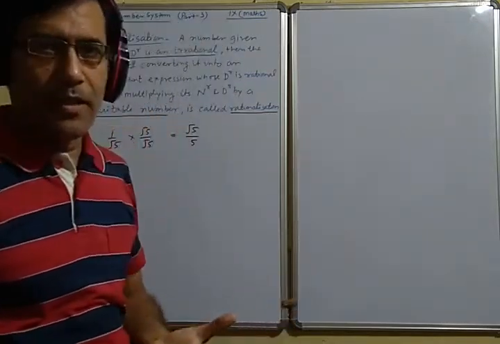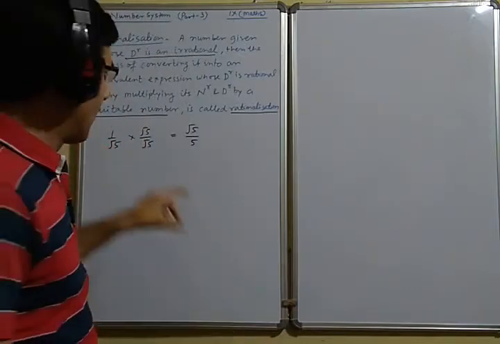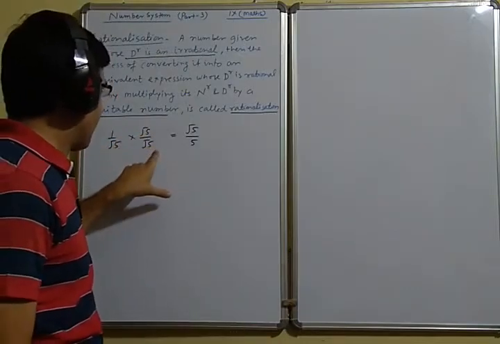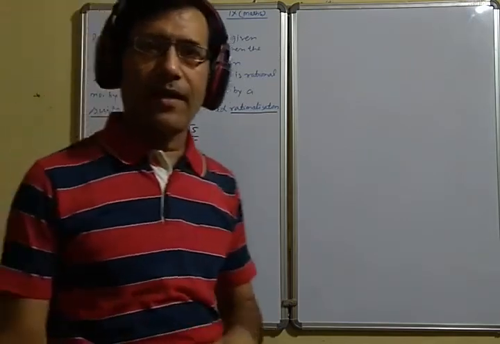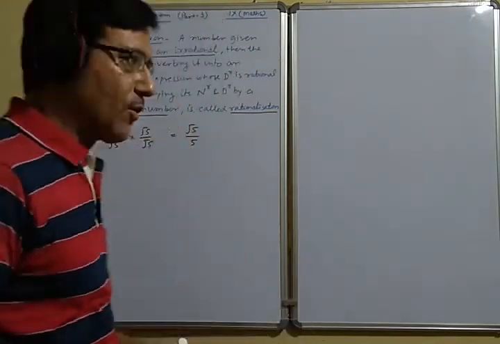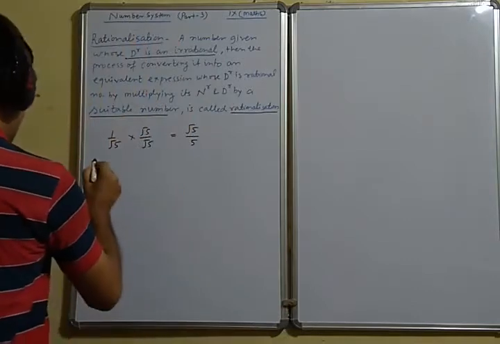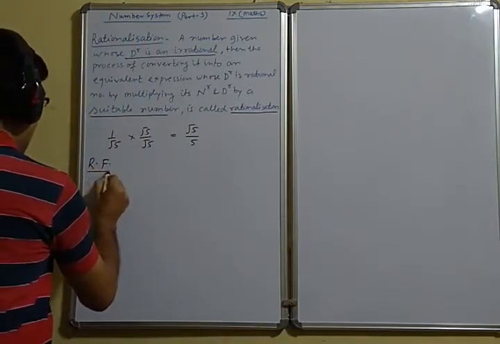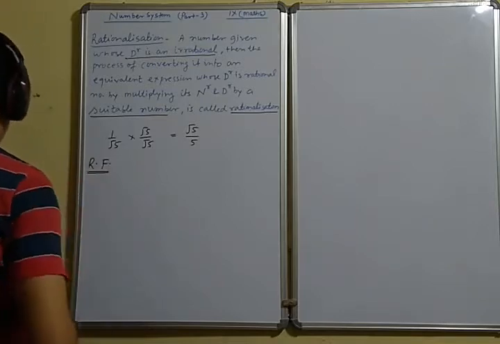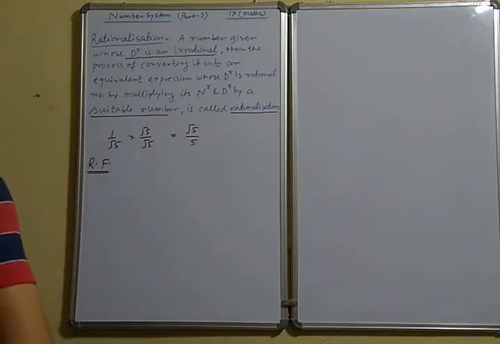Now the question is, by which number do we have to multiply numerator and denominator? This number is called its rationalizing factor. So how do we find the rationalizing factor? Rationalizing factor is called RF.